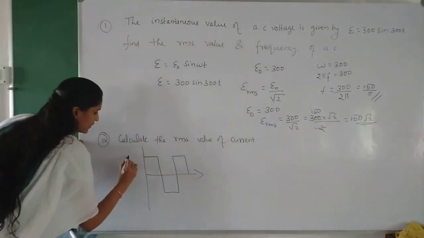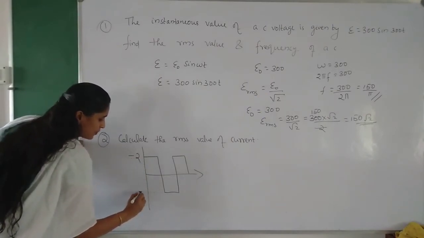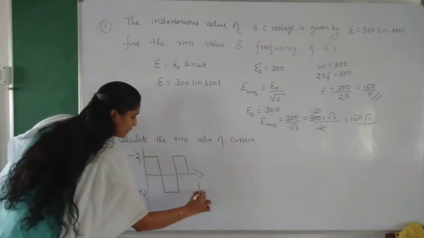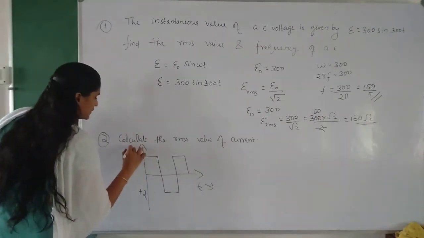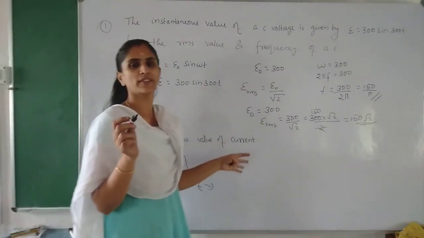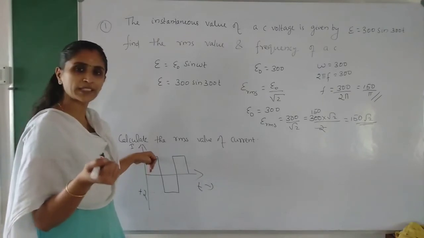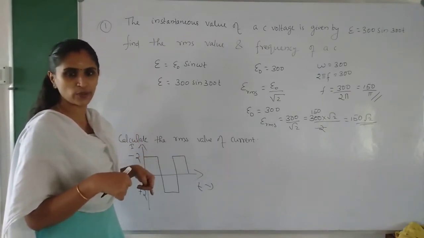Here it is given minus 2 and here it is given plus 2, this is t. If the peak value is given, it is represented as omega t, and this will correspond to I0, by using that you can find it.